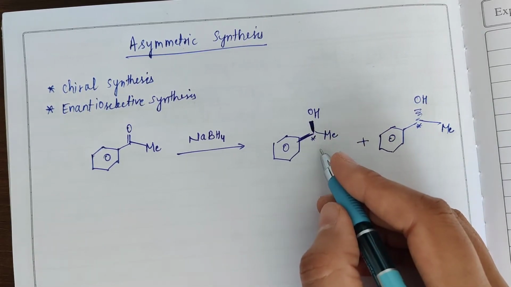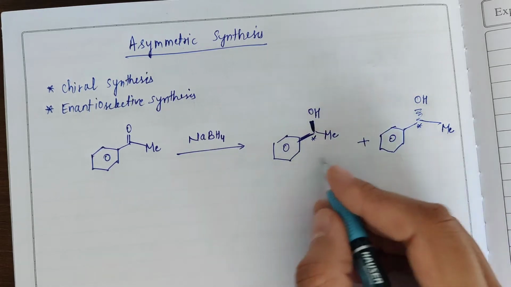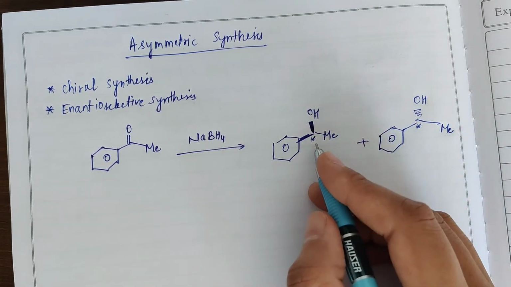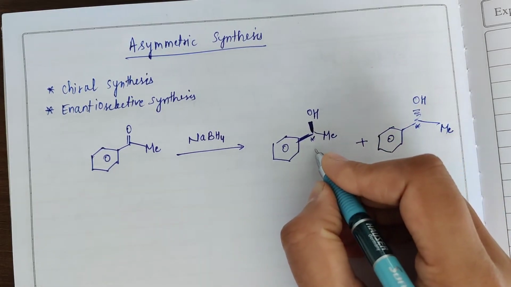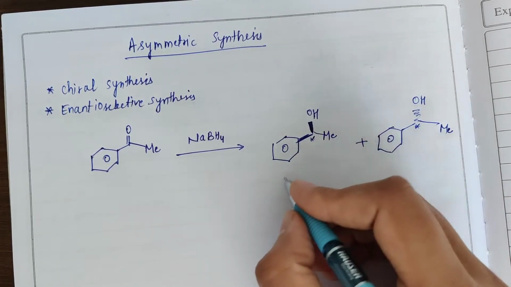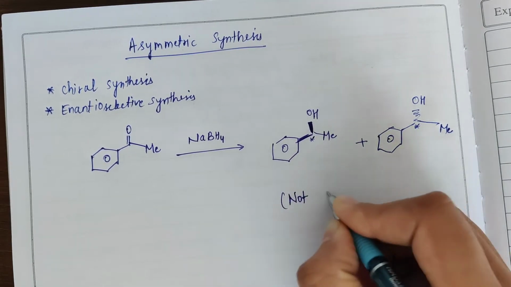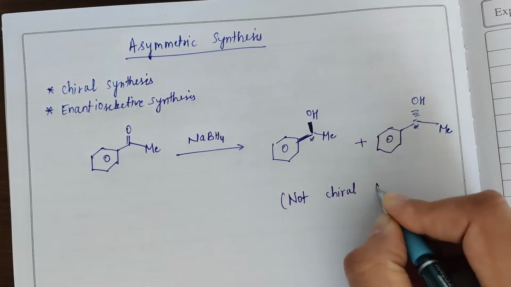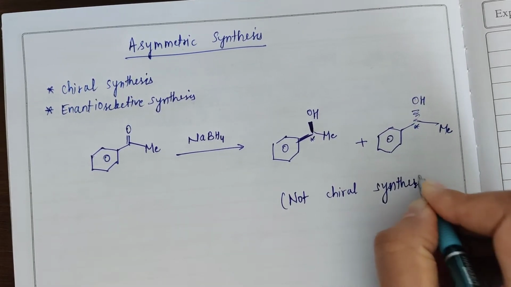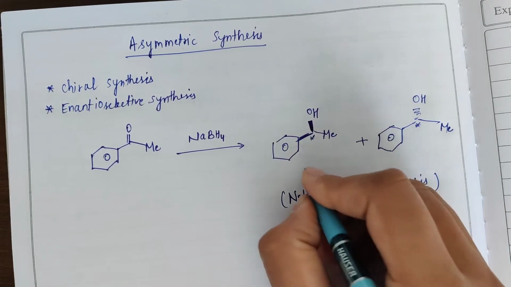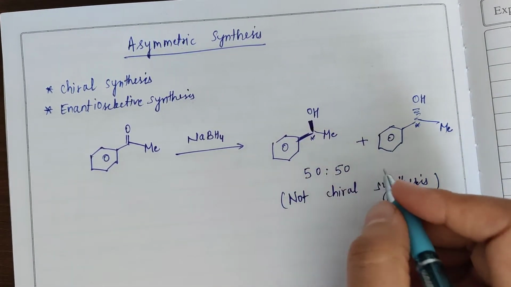Hydrogen is not shown here, but it is present. So these two will be different isomers. Now this synthesis is not a chiral synthesis. It's not an asymmetric synthesis. In this type of synthesis, the ratio of both the products is 50-50%.